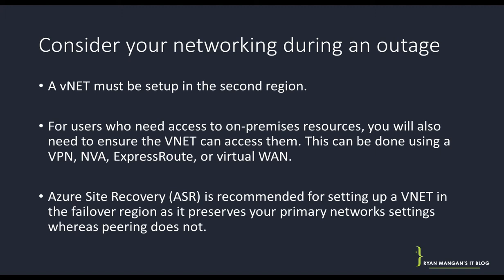This can be done using a VPN, a network virtual appliance, an ExpressRoute, or a virtual WAN. An important point to note here is Azure Site Recovery is the recommended solution for VNets in a failover region, as it takes care of or preserves your primary network settings, whereas peering does not. We will cover peering shortly.